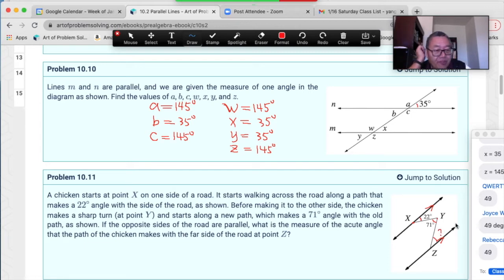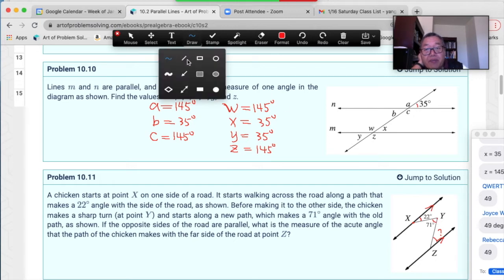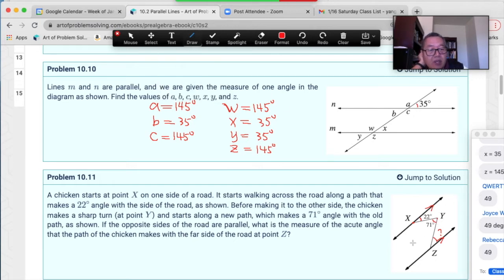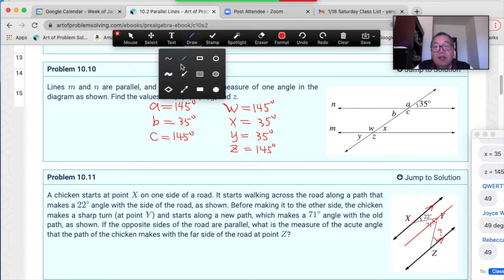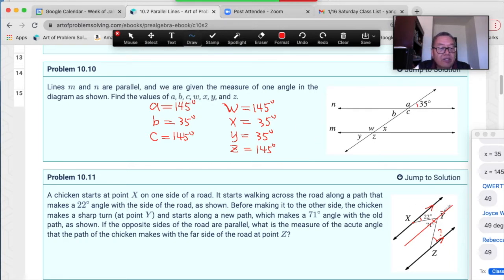So to do this, what I see here, I will draw a parallel line through the point Y. Then this line we call an additional line. In geometry, to solve a problem, a general trick is to draw an additional line.